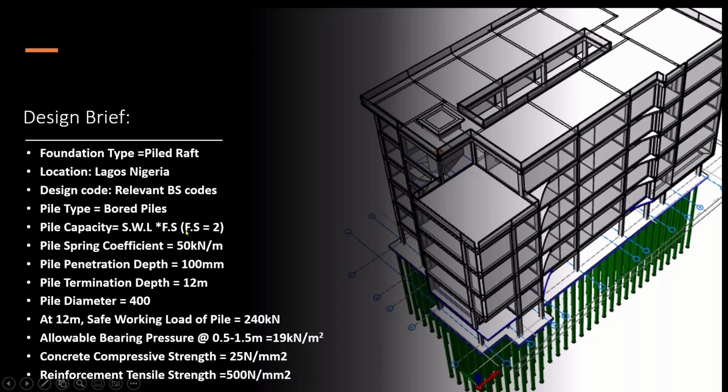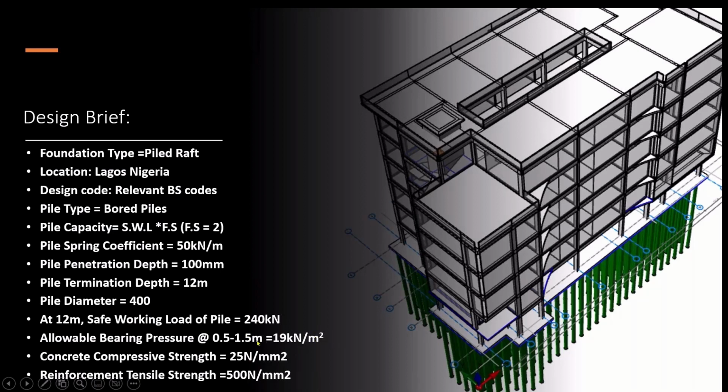So every project has this. It could be 2.5, it could be 1.5, but please note all these are determined from the soil investigation and the geotechnical report recommendation. And then the allowable bearing pressure at 0.5 to 1.5 in this particular instance is 19 kilonewton per meter square.